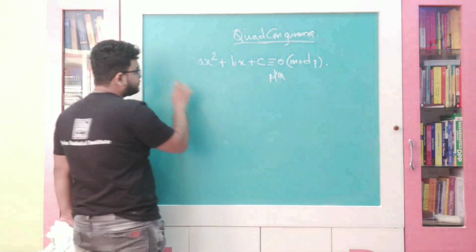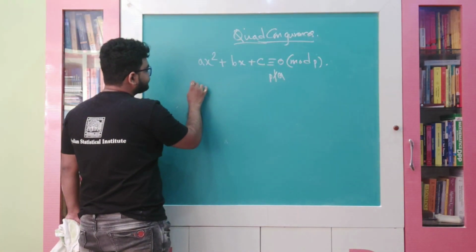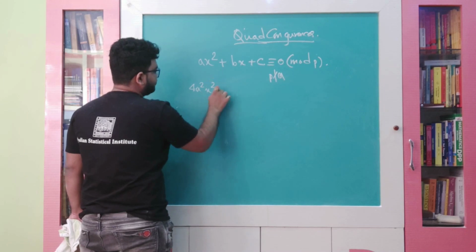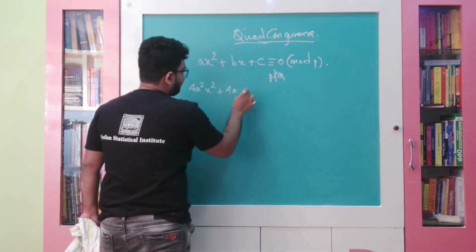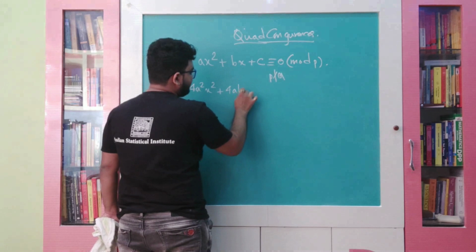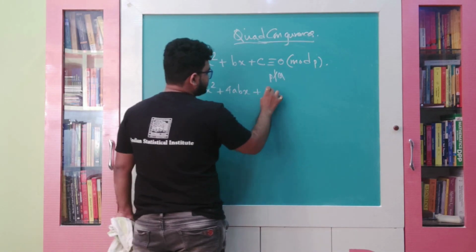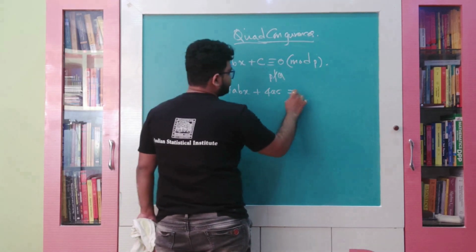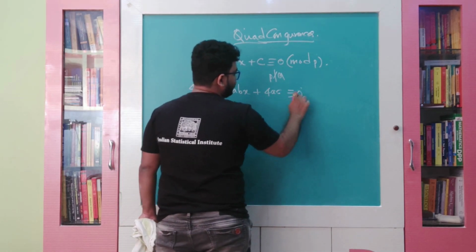You can see that 4a squared x squared plus 4abx plus 4ac is congruent to 0 mod p.